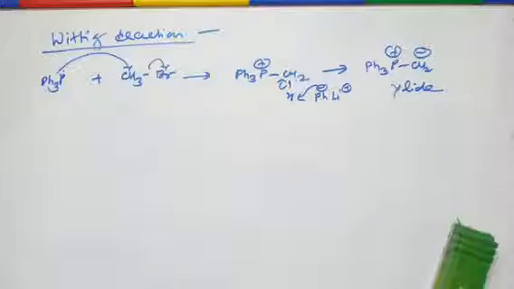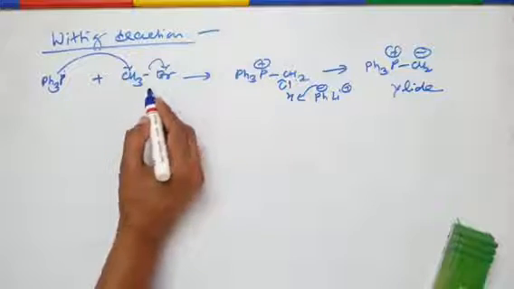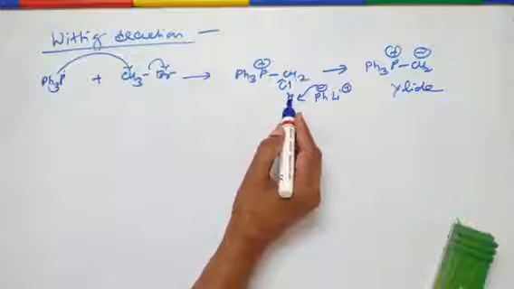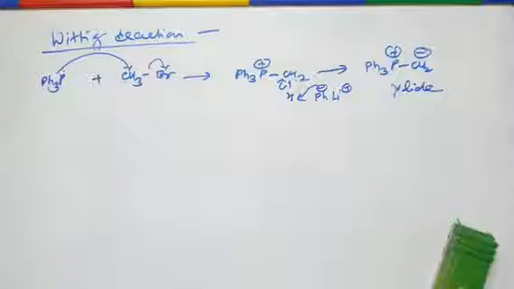So how these ylides are generated: you just treat triphenylphosphine with the alkyl halide, and in the second step you treat it with a strong base like PhLi. It abstracts that proton and the ylide is generated. You can also use another base like sodium ethoxide.